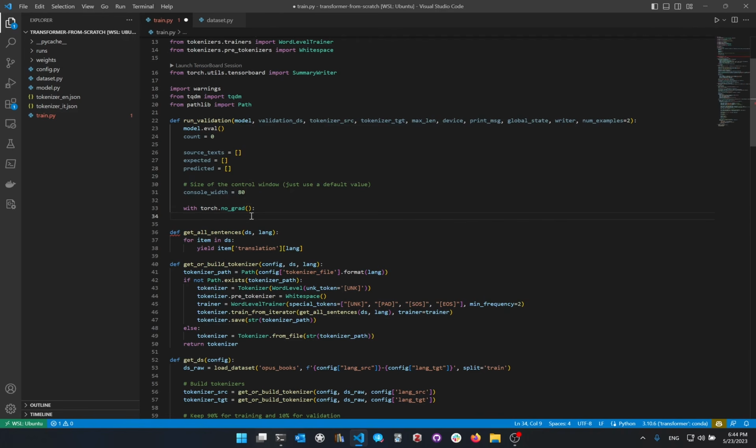So with torch.no_grad, we are disabling the gradient calculation for every tensor that we will run inside this with block. And this is exactly what we want. We just want to inference from the model. We don't want to train it during this loop.